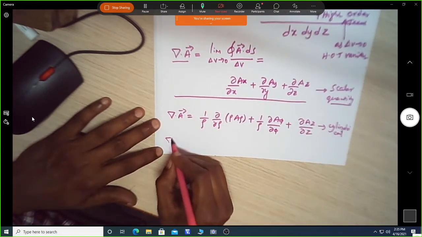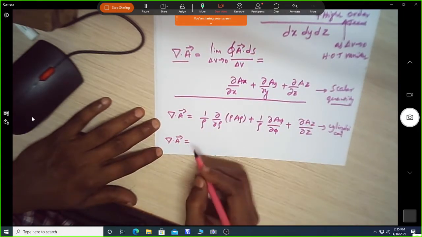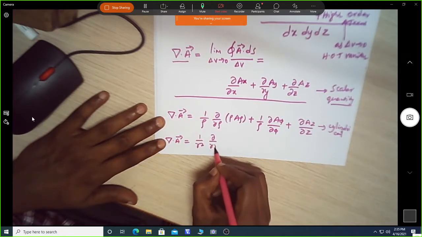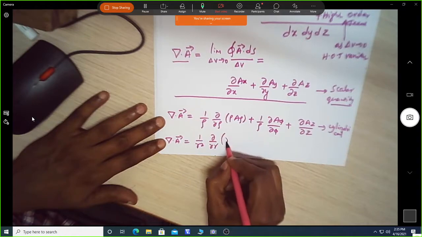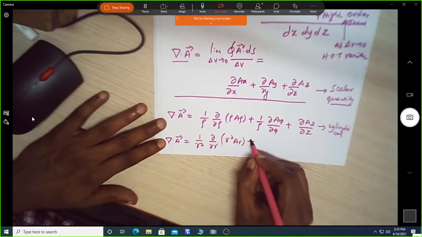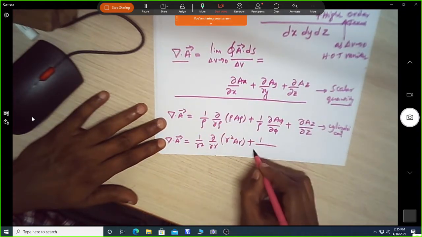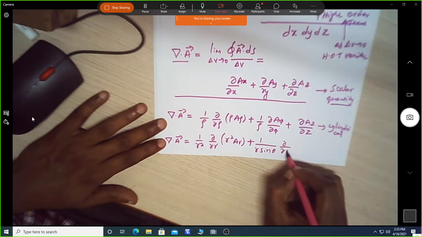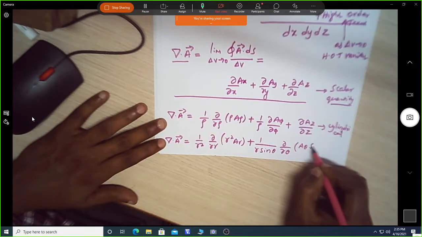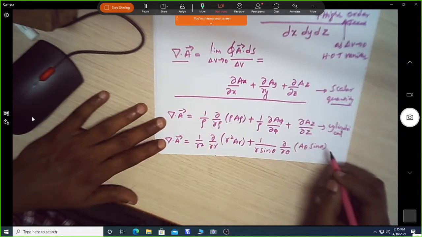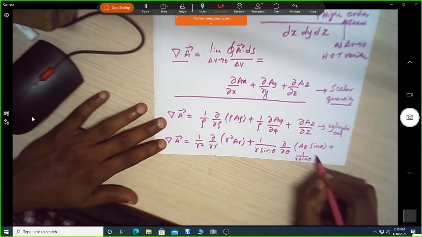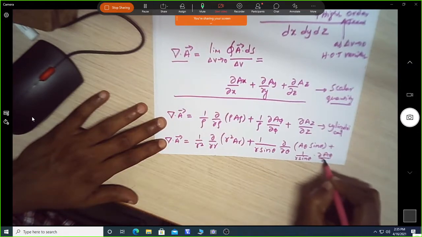Similarly, in the spherical coordinate system we can define it as 1 by r square del by del r of r square Ar, plus 1 by r sin theta into del by del theta of A theta sin theta, plus 1 over r sin theta into del A phi by del phi.